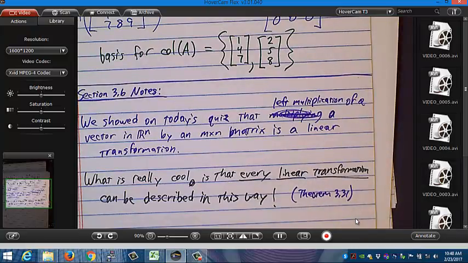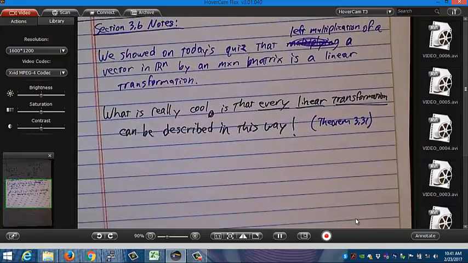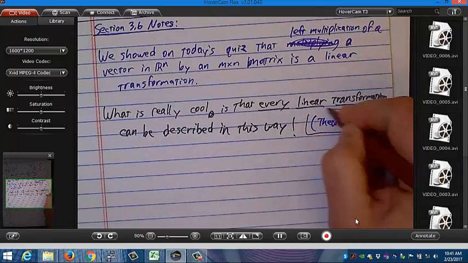Okay? So let me actually work through that theorem for you. I think that's important. Theorem 3.31 says the following.